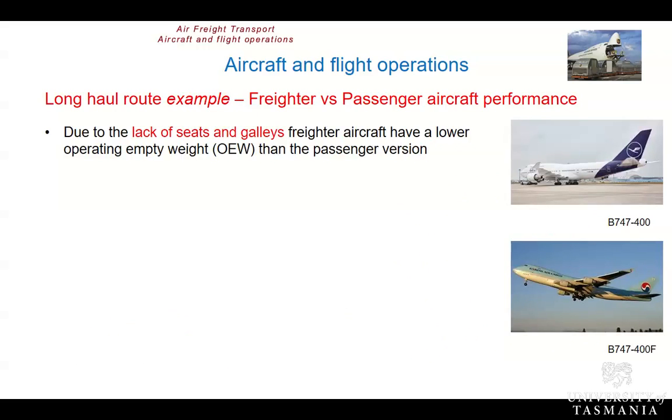Now, a few issues in regards to performance on long-haul routes. Utilising that idea that I presented before regarding a freighter and passenger, due to the lack of galleys and seats, a freighter aircraft of the same model is always going to be lighter.